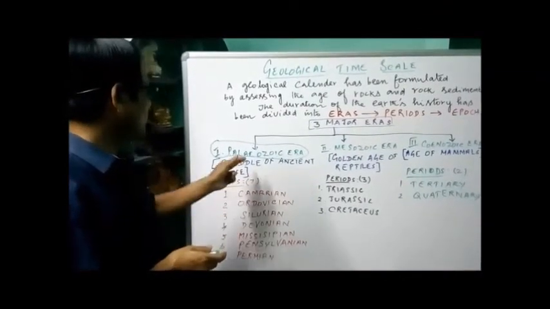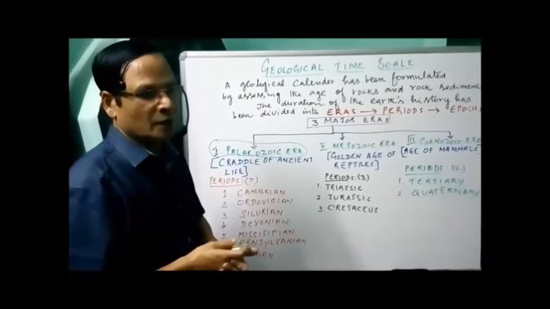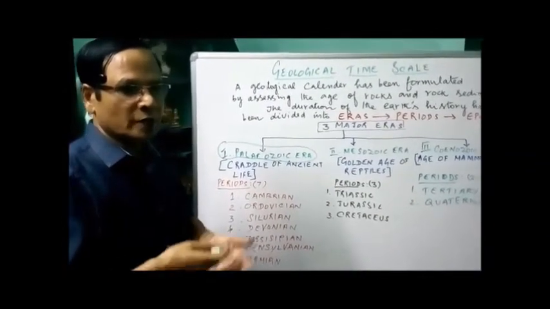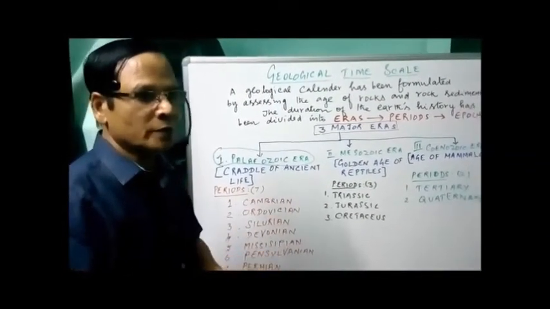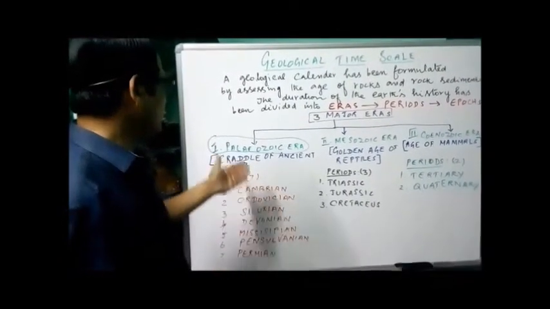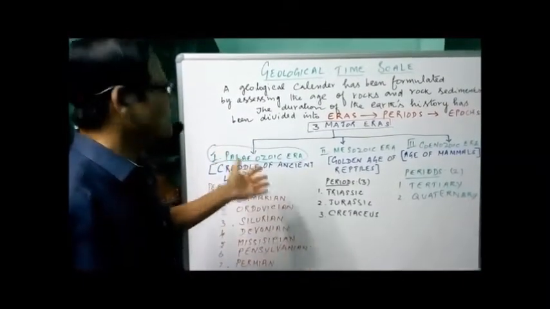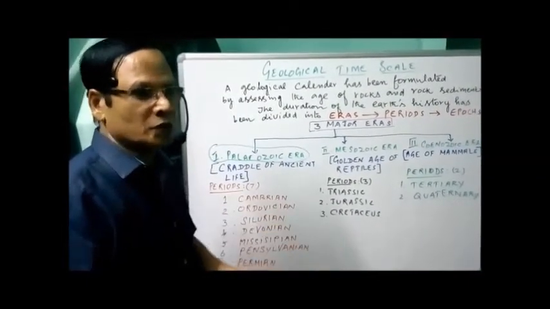That is why this era is considered a cradle of ancient life. The fossil forms, the extinct forms, were predominant, the invertebrates were predominant. Hence the Paleozoic era is called the cradle of ancient life.